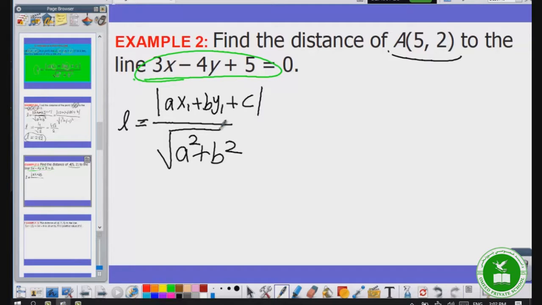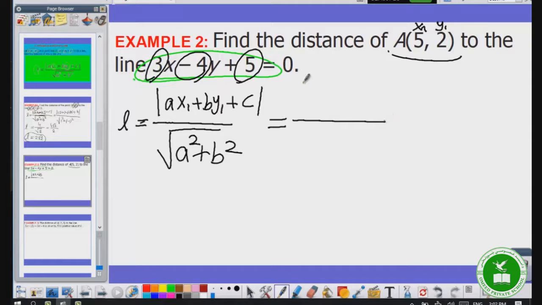You know what x1 and y1 are; they are basically the coordinates of the given point here. A, B, C are the coefficients of variables in the given equation. A is the coefficient of x, B is the coefficient of y, and C is the constant number. Okay, now we just plug these values into the formula.